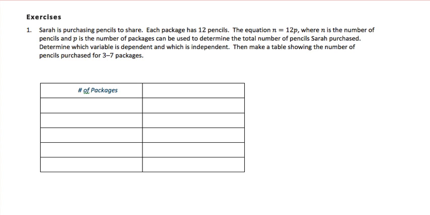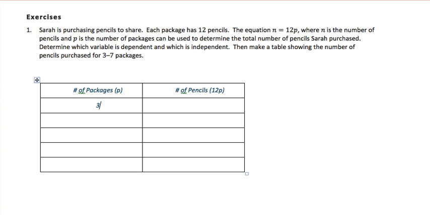And so our dependent variable on the right will be the number of pencils, which is represented by 12p. The number of packages is represented by p. Then we need to fill in the table based on 3 to 7 packages.